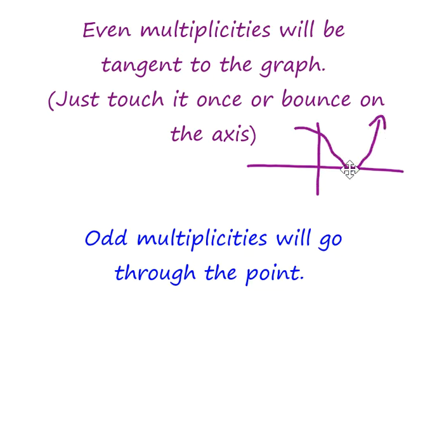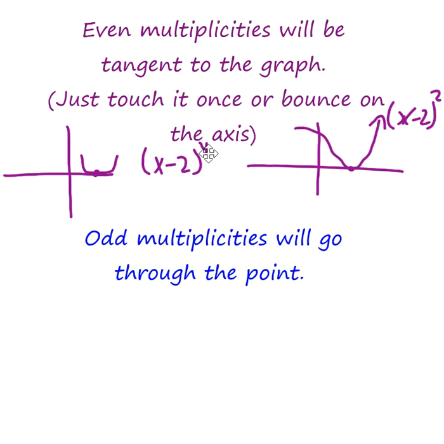Okay, the higher the power, the more it will flatten, just like our power functions. So if this would be like an x -2 squared in the function, then if I had x -2 to the 4th in it, it would flatten a little bit more. Similar to our power functions. That's why we looked at power functions earlier.